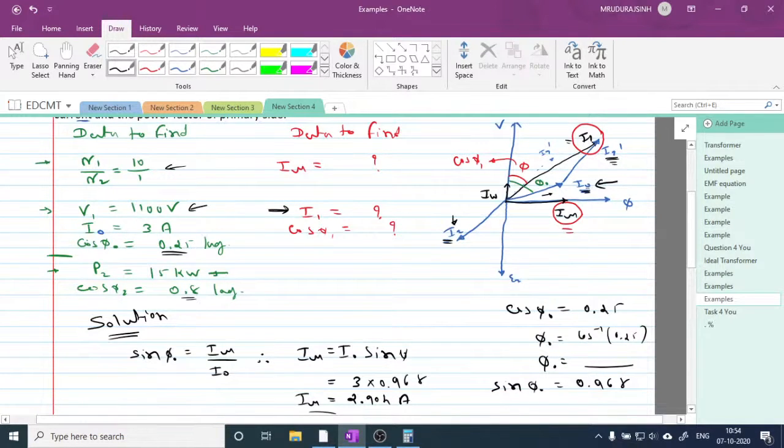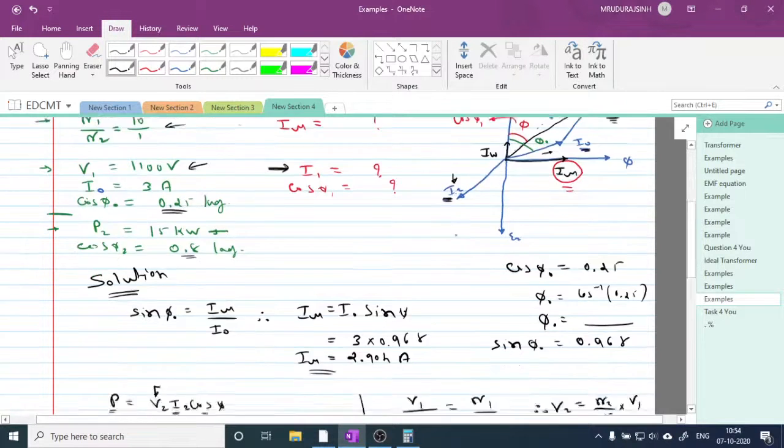But when the transformer is connected to a load, the secondary current starts flowing, and because of that it draws a little more current from the primary side. That extra current is the primary balancing current for the secondary current. So I2 dash is basically the balancing current when the secondary has started flowing I2.